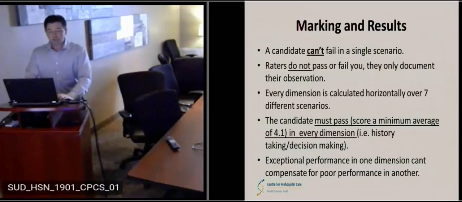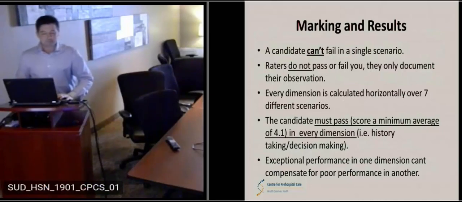So marking and results, you as a candidate can't fail in a single scenario. The way that this assessment is designed is that if you do poorly in one of your scenarios, it doesn't necessarily mean that you won't have overall success. Raters do not pass or fail you, they only document their observations.